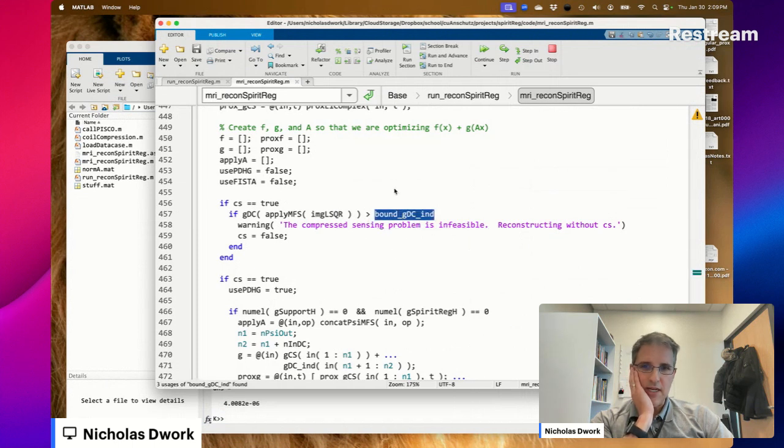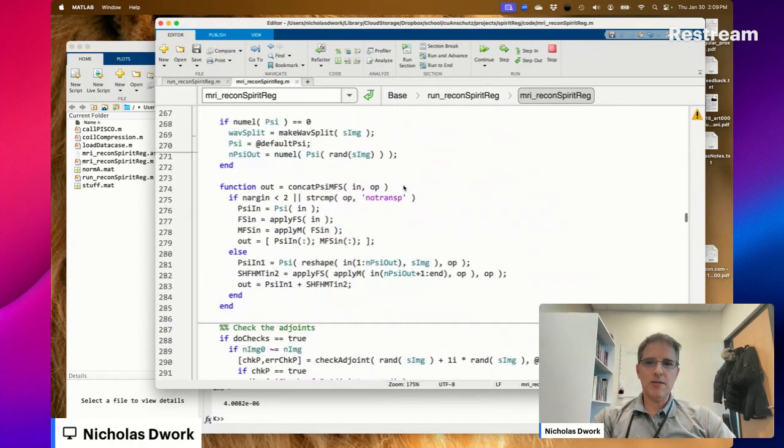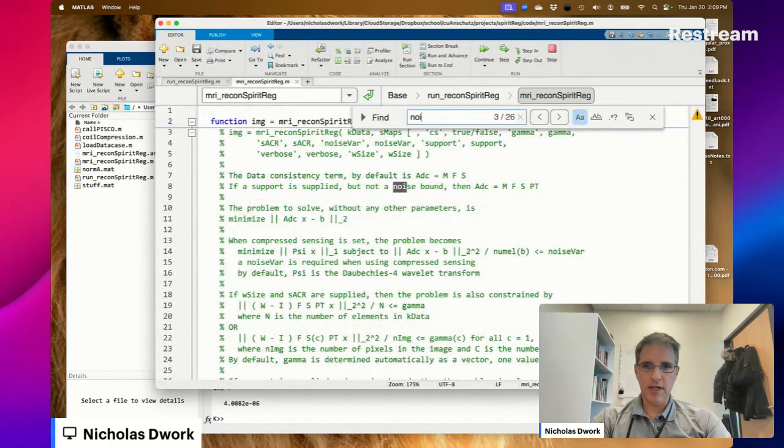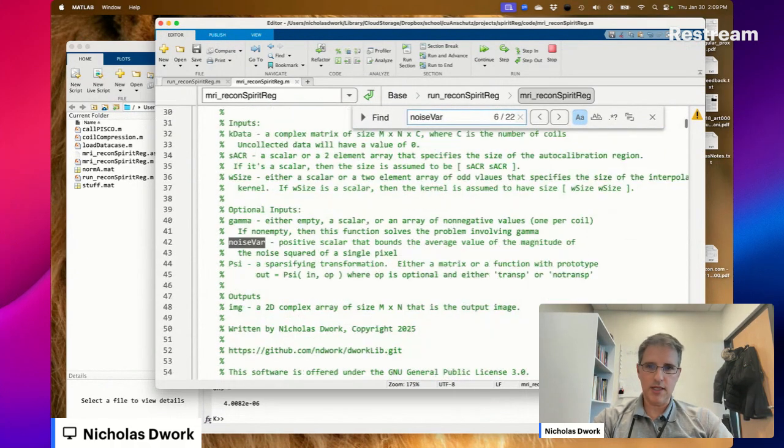We needed a much higher bound. I gave it a much higher bound. We must be using noise var somewhere that I forgot we were using.